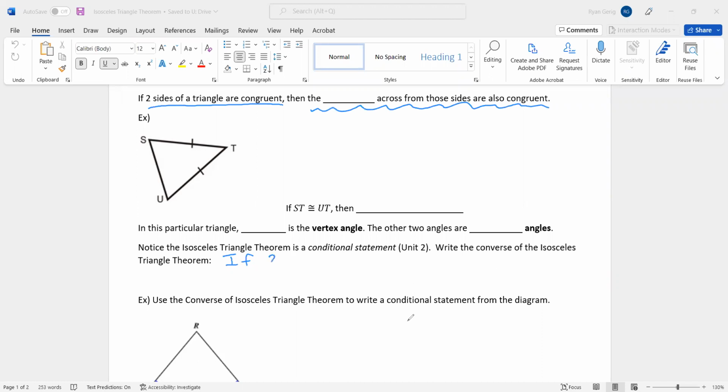So if two angles of a triangle are congruent, then the sides across from those angles are also congruent.